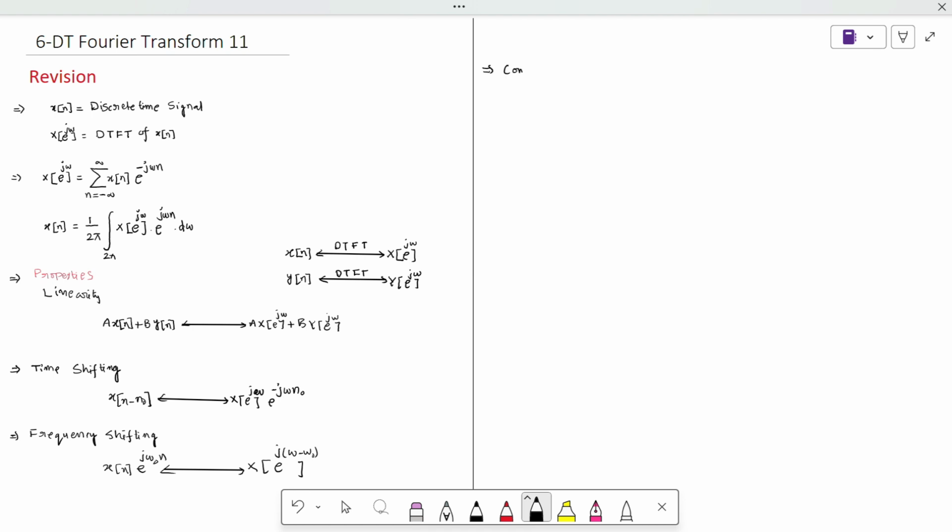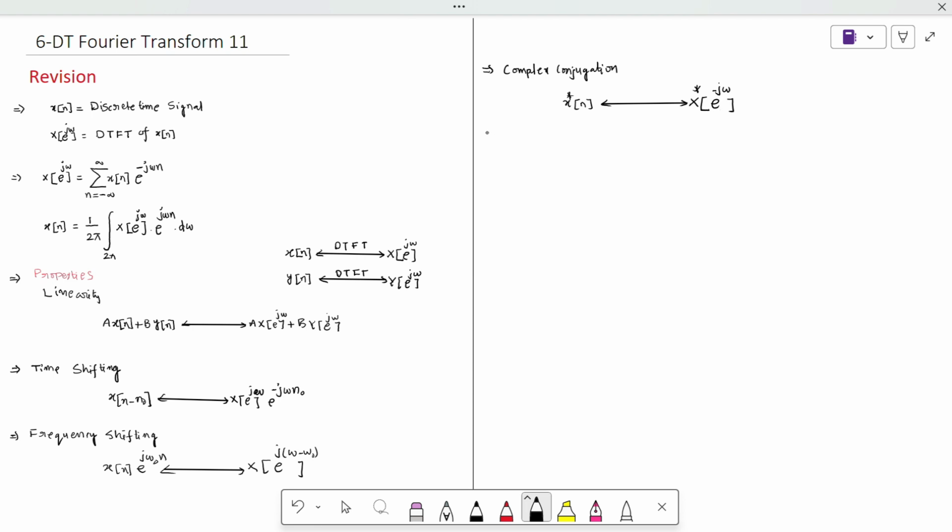The next one is complex conjugation. In the complex conjugation, you take x conjugate of n, then the corresponding Fourier transform is nothing but x conjugate, and also j omega must be replaced by minus omega.